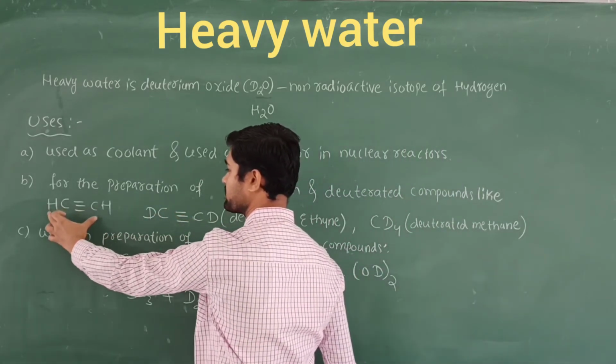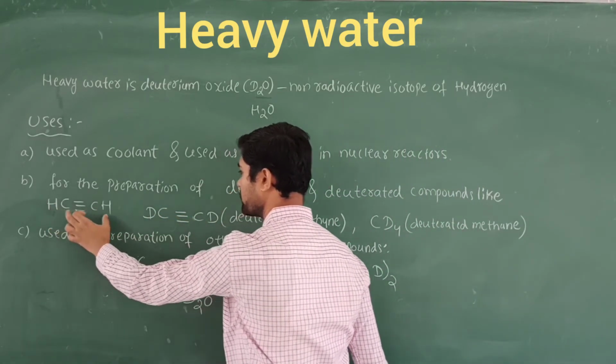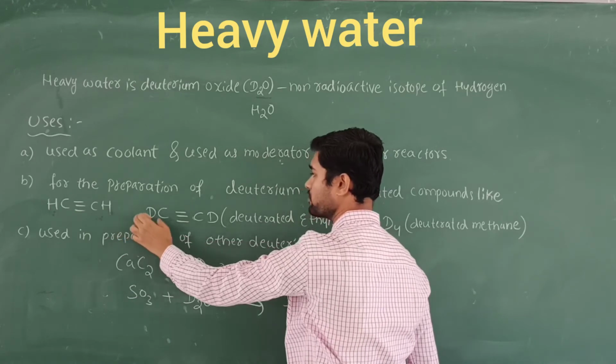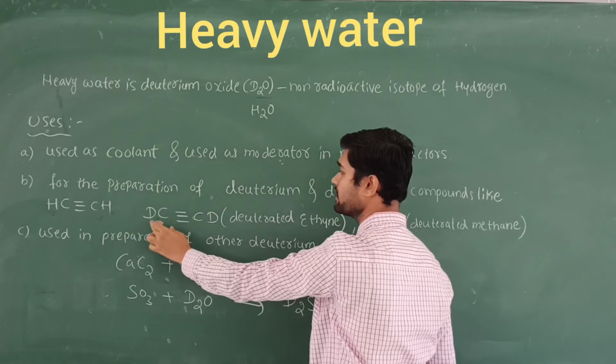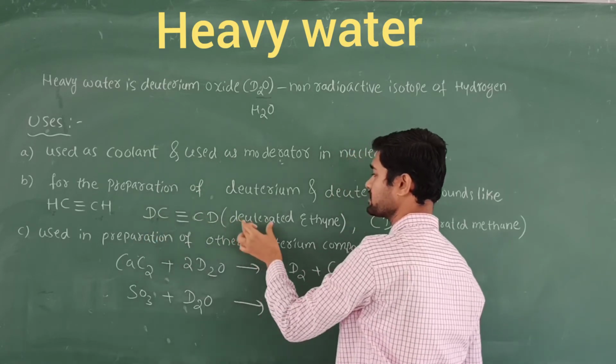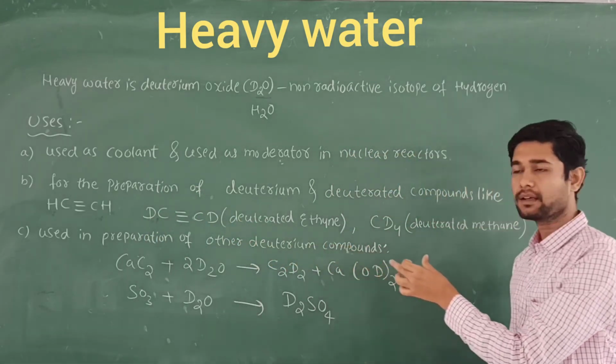If you write CH triple bond CH, this is an alkyne compound. Instead of H, I place the heavy atom D, and that is called a deuterated compound.